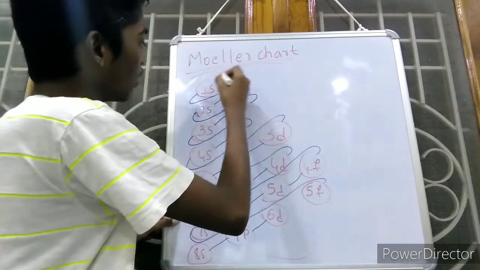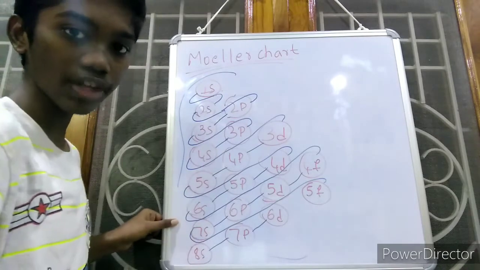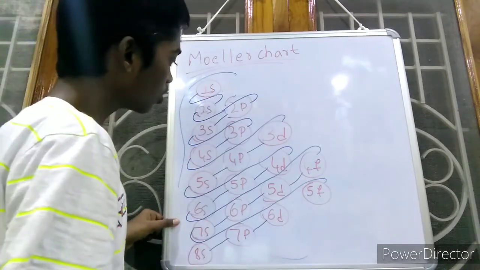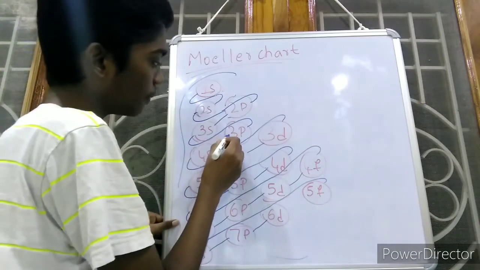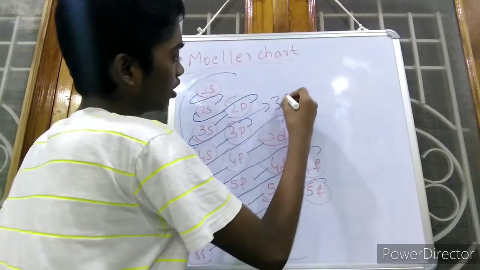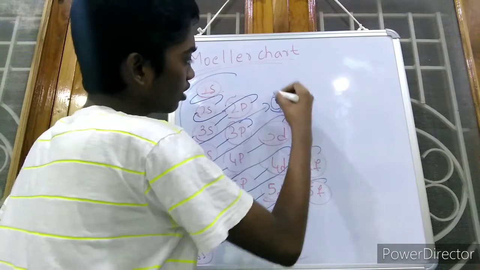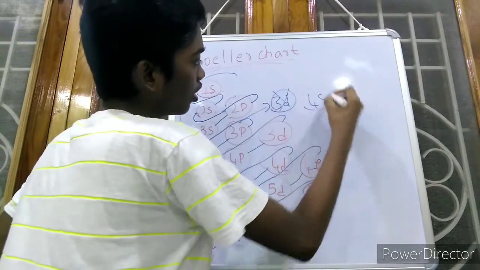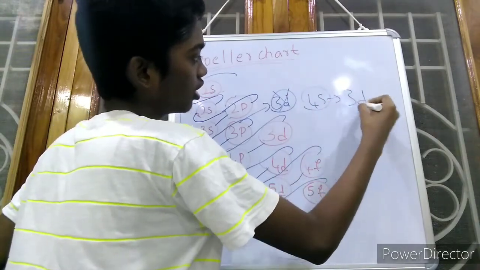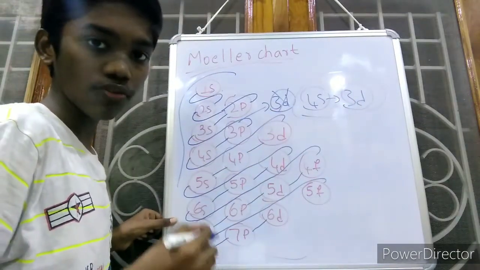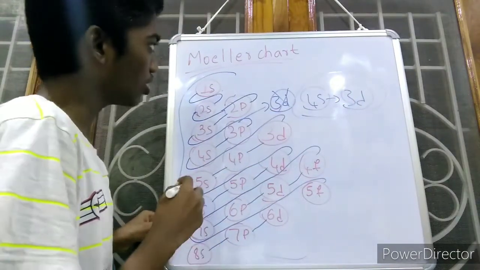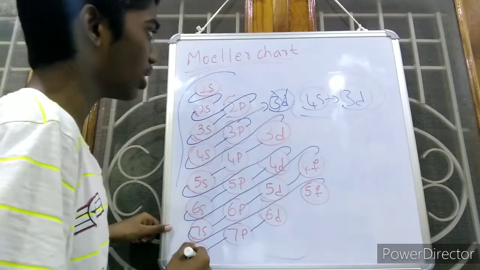This chart will help us in writing the electronic configuration of elements. Many of us make a major mistake: after writing 3p, they write 3d. But we should not write 3d, we have to write 4s, and after 4s we write 3d. So this is the right order. If we write like this, the electronic configuration of the element will be correct. So this is about electronic configuration and the Aufbau chart.